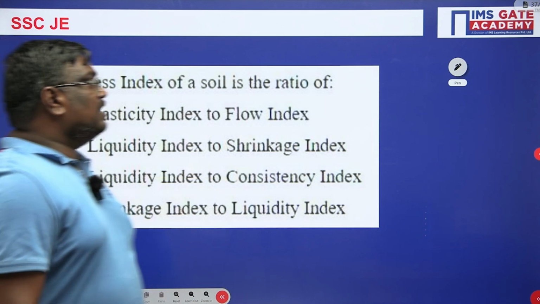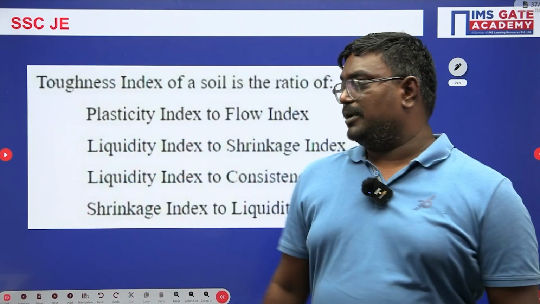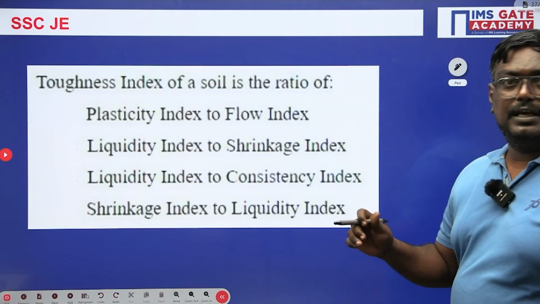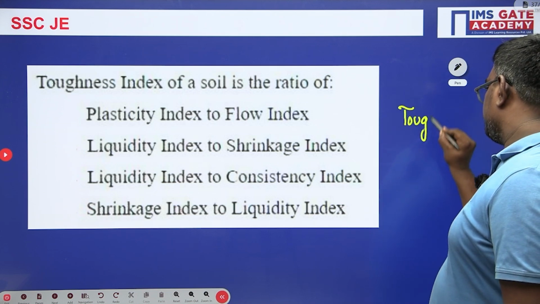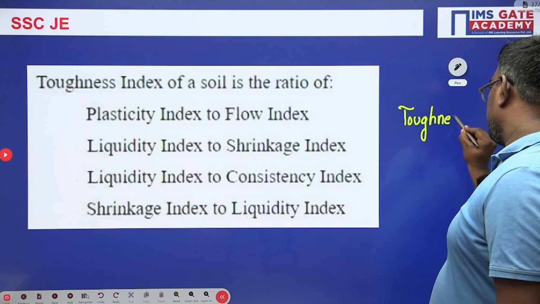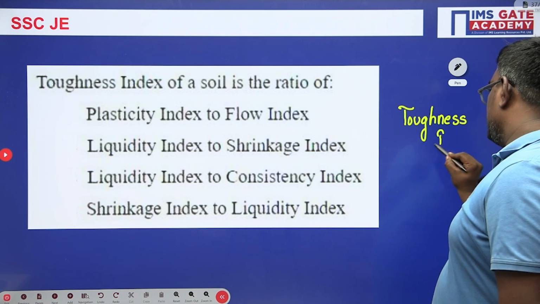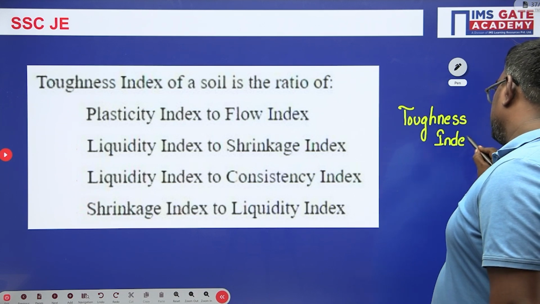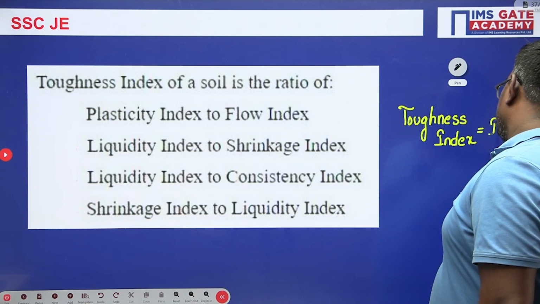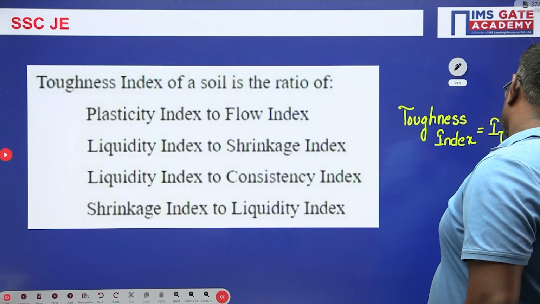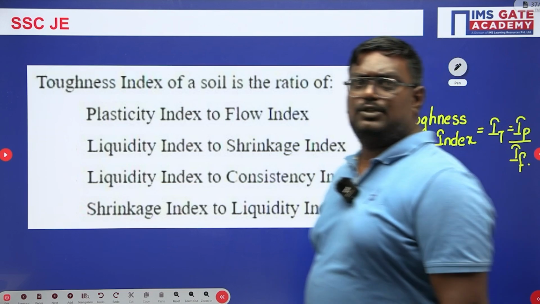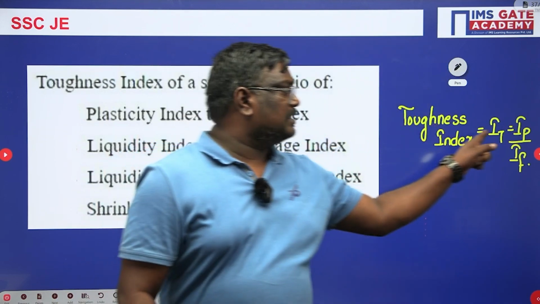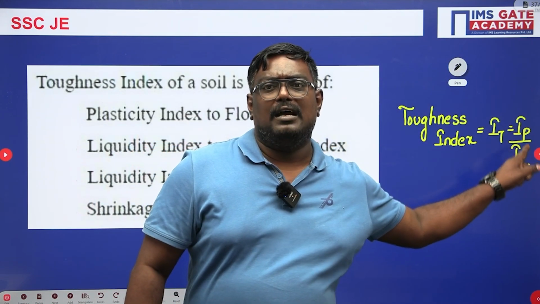Now, toughness index of the soil. Just now I have explained it. What do you mean by toughness index? Toughness index is denoted by IT. It is the ratio of plasticity index to the flow index, that is IP by IF.